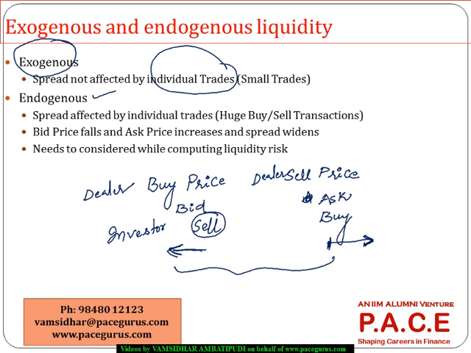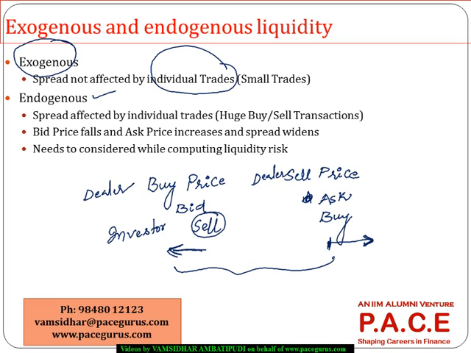So what we are saying is, if the trade placed by one single trader is impacting the bid ask spread, increasing or widening the spread, that is what we call endogenous liquidity.